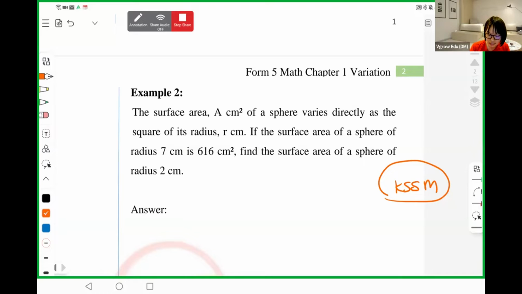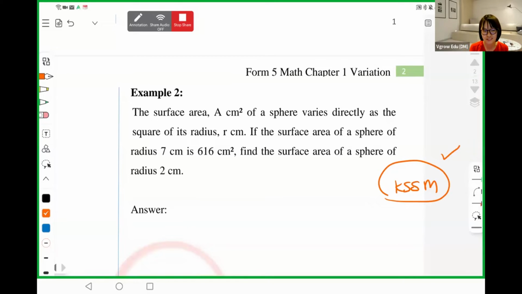For the KSSM syllabus, you really need to know the definitions and all the theory. Let's say I say direct variation. If the question asks you why this is direct variation, you think back to what you learned: both variables increase at the same rate.